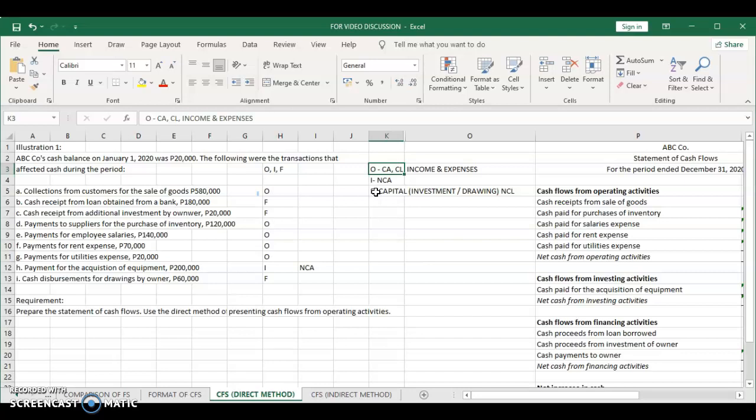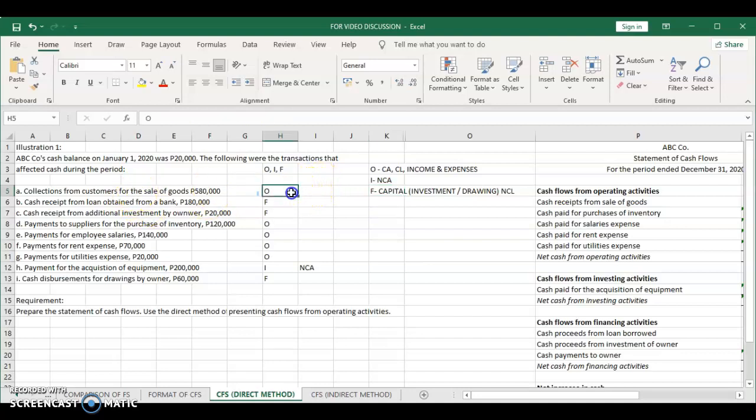And when it comes to indirect, included are changes in current assets and current liability. And then we have the investing. Pag investing naman, non-current assets ang kasama dyan. And then we have the financing, the capital and the long-term liability or the non-current liability. So, I have here an example.